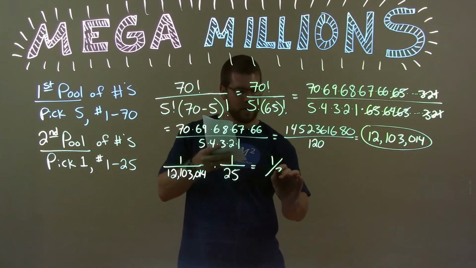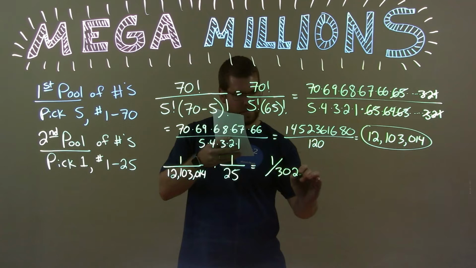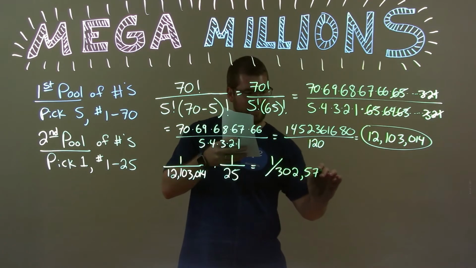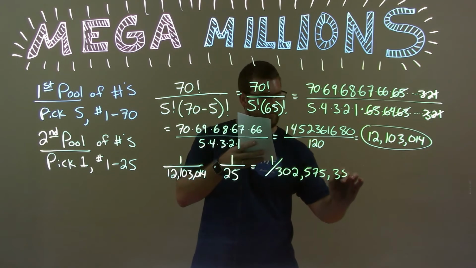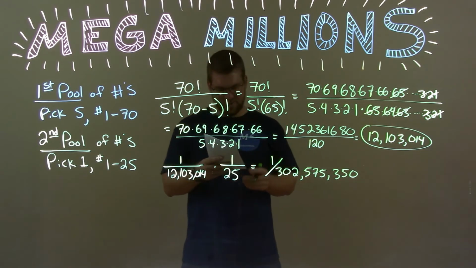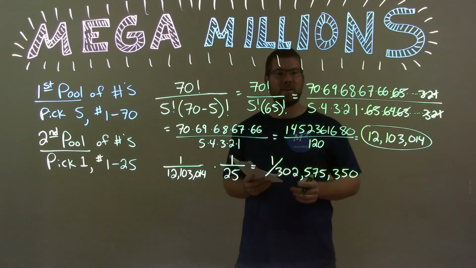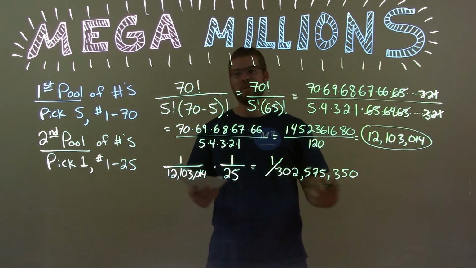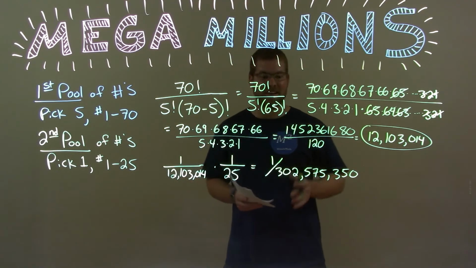Well, that's 302,575,350. And that's our chance. That's a 1 in 302,575,350 chance of winning, getting the right numbers for the Mega Millions.